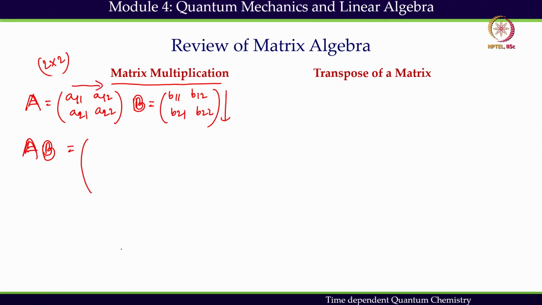I will first multiply this one and this one, so A11 B11, plus I will multiply this one and this one, so plus A12 B21.